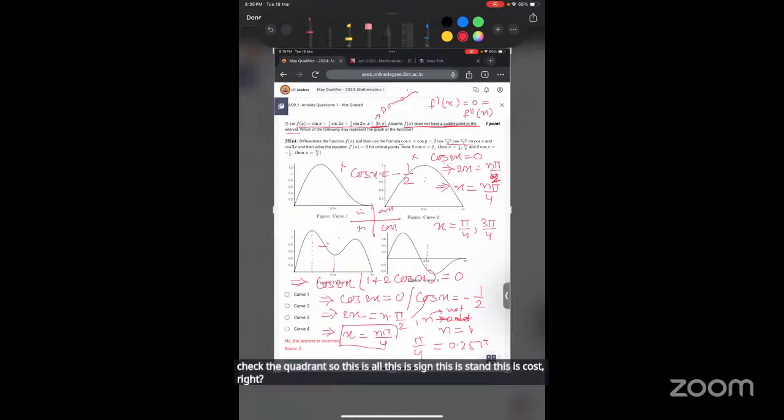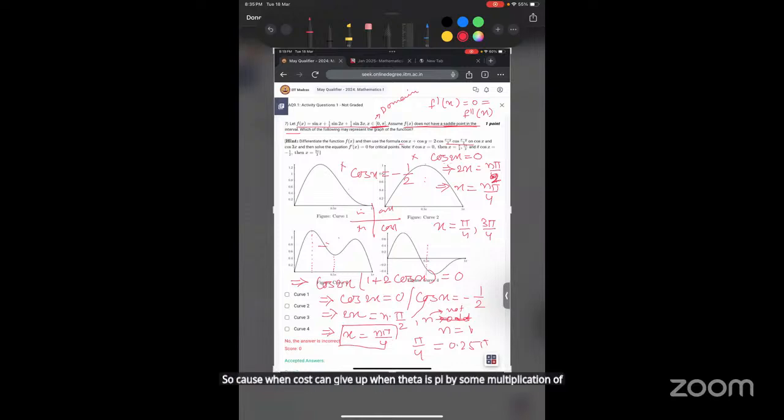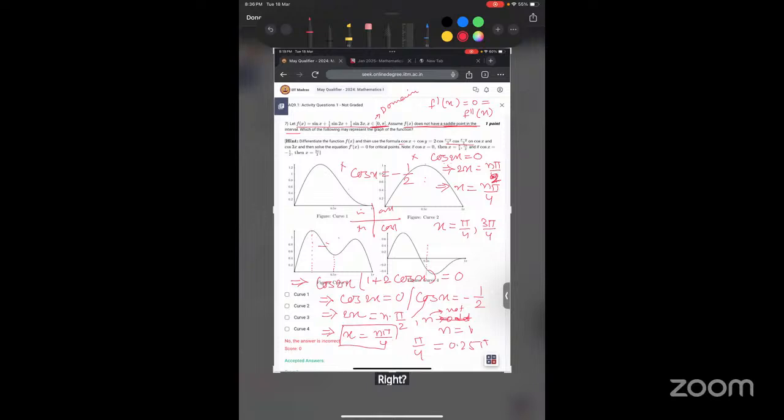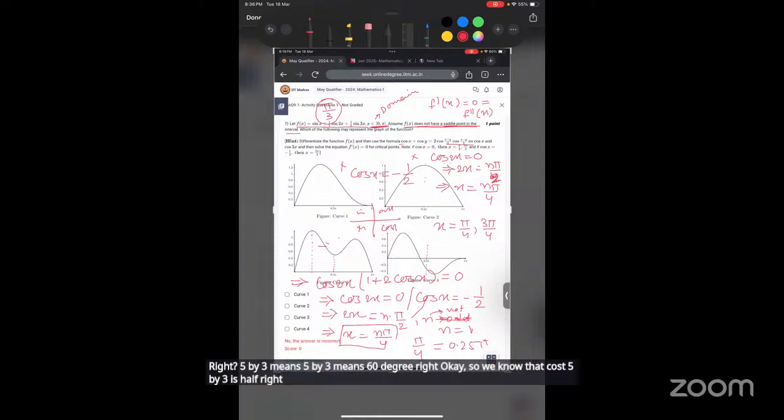So cos can give half when theta is a multiple of pi by 3, right? Pi by 3 means 60 degrees. So we know that cos pi by 3 is half.